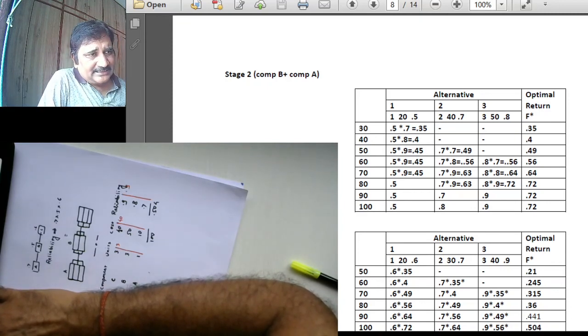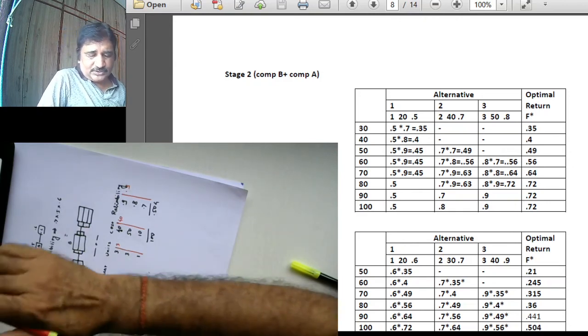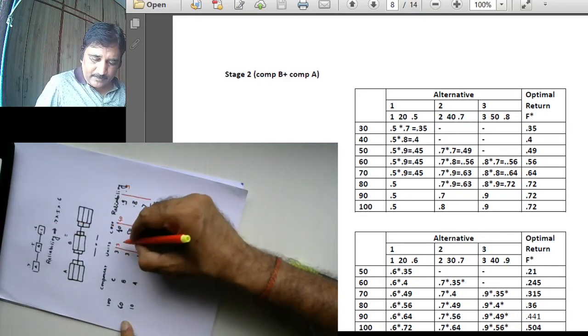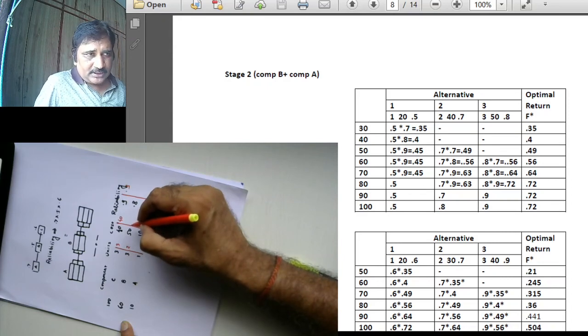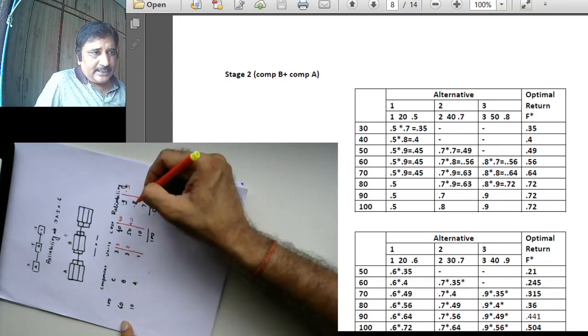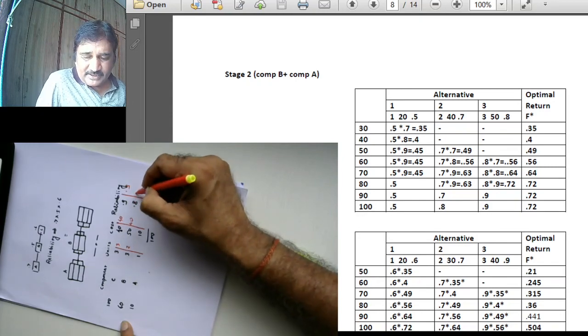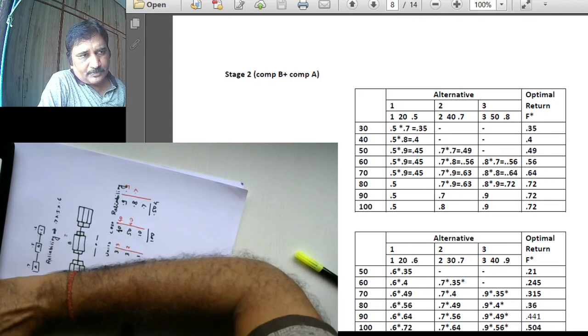Now we are considering this alternative, which requires you to take two component banks for component B. The cost will be 40 and the reliability will be 0.7, as you see from the top of that alternative. For 0.56, this is the alternative.